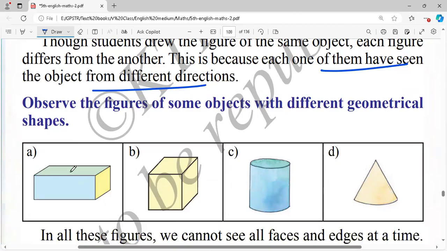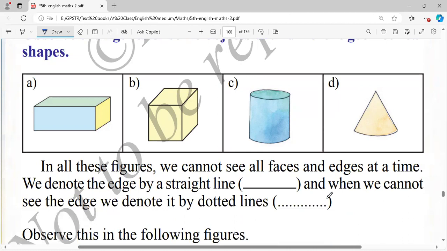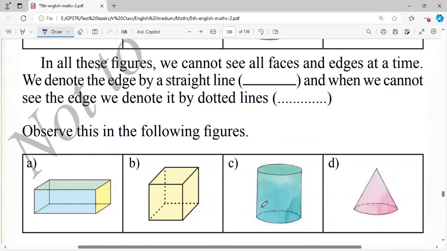Observe the figures of some objects with different geometrical shapes. This is a cuboid, cube, cylinder, cone. In all these figures, we cannot see all faces and edges at a time. We denote an edge we can see by a straight line, and an edge we cannot see by a dotted line. See here, this is a dotted line. We cannot see them.